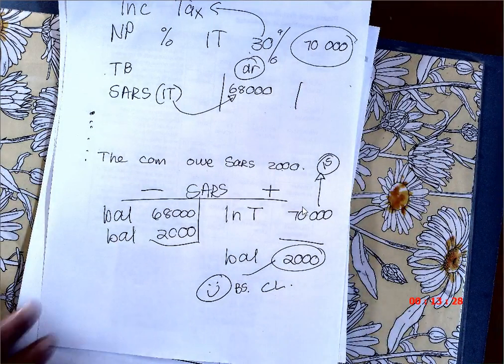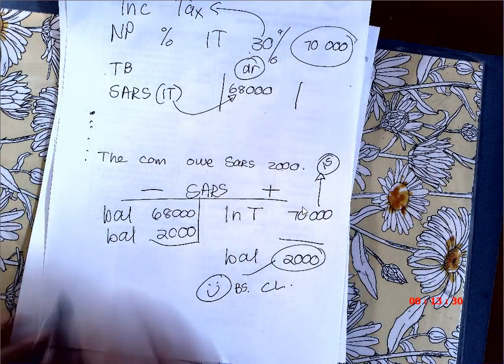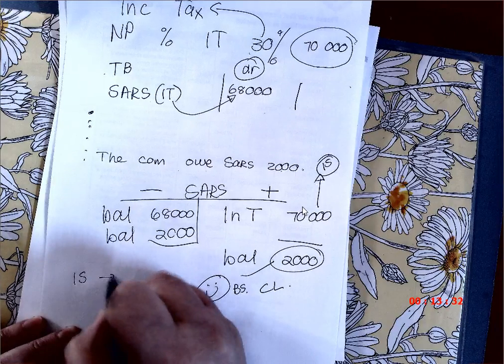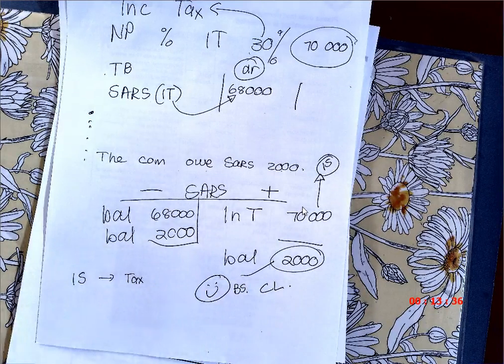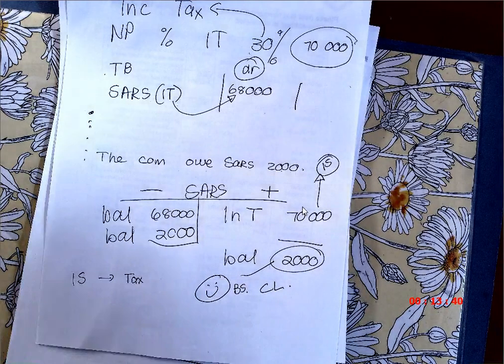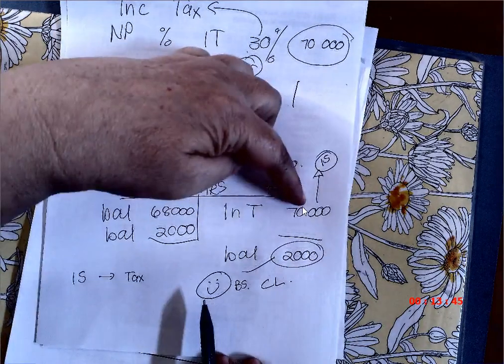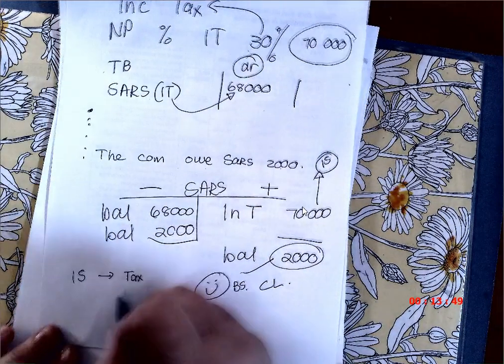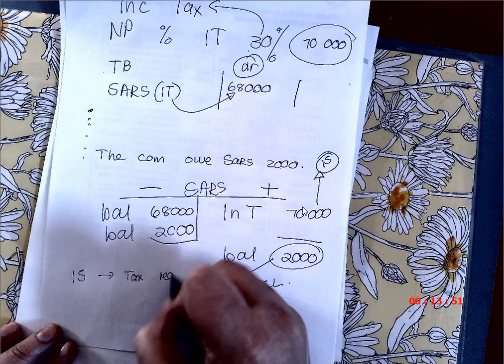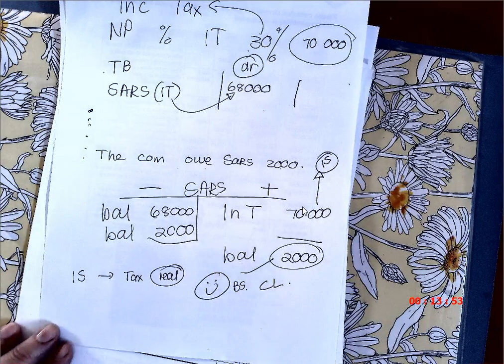So always remember, in the income statement, the tax is what I'm obliged to pay over to SARS, the total amount, right? So this is the real tax that I am owing SARS.